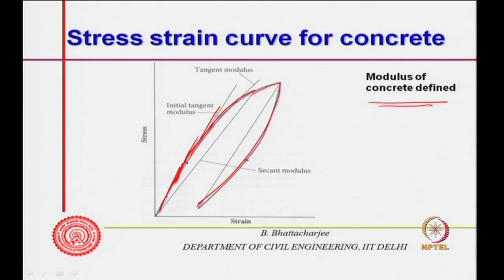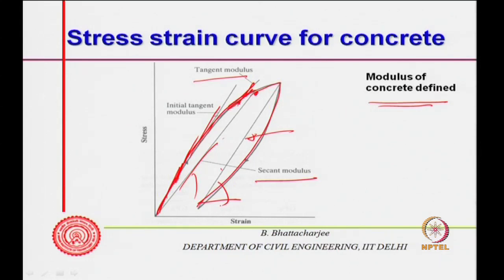If you draw the tangent here, that is what we call the initial tangent modulus, but I can draw a tangent anywhere, and that is called the tangent modulus at that particular load. But I can also join the origin with this point and get another modulus, the slope of this line, and that we call the second modulus. While returning, I can also calculate the same second modulus from this point, the slope of this line.